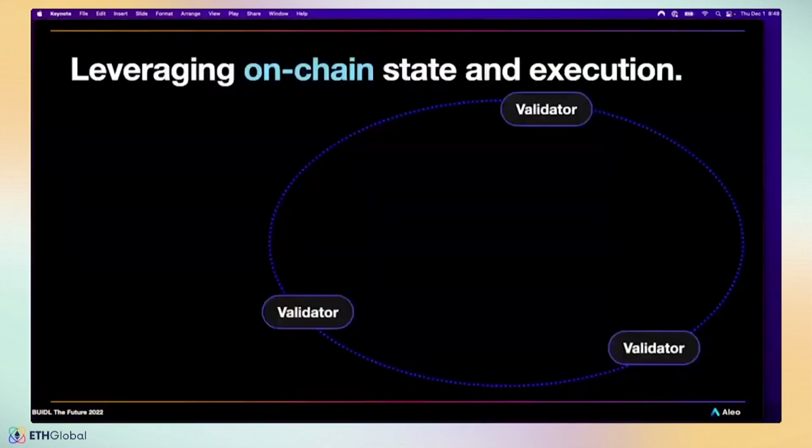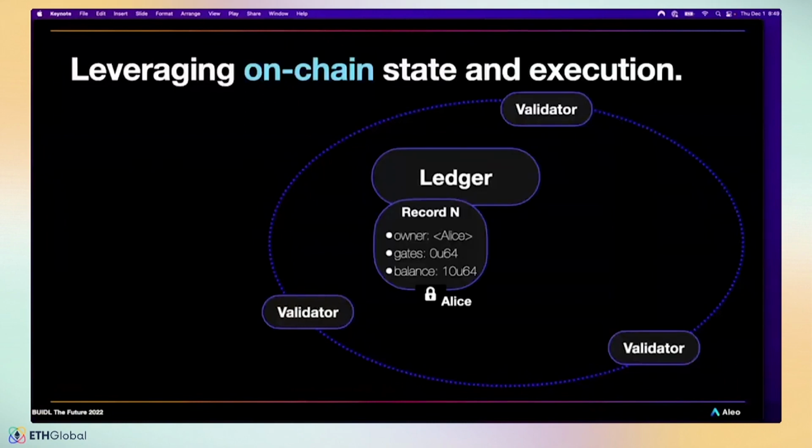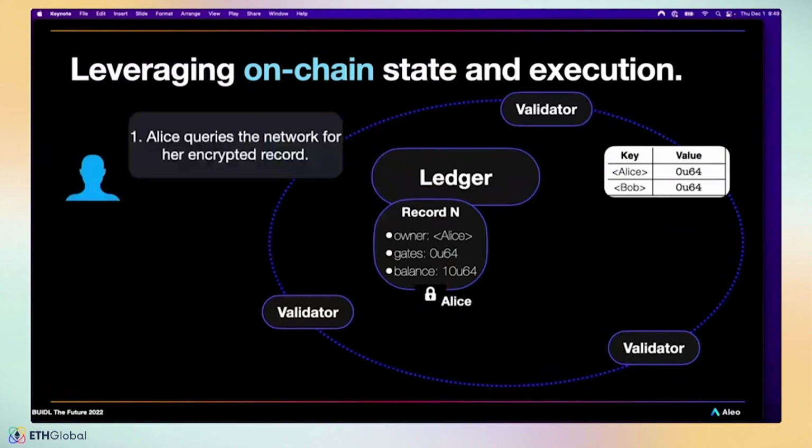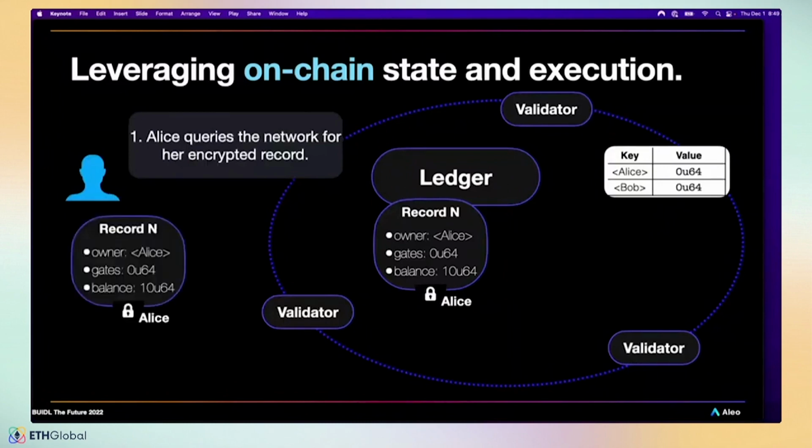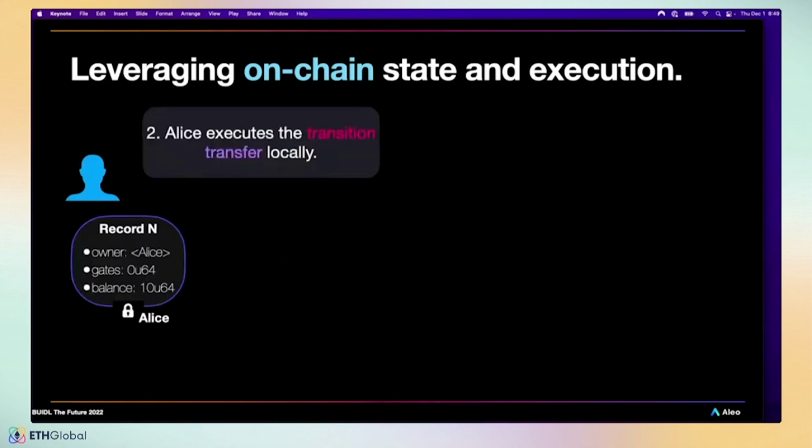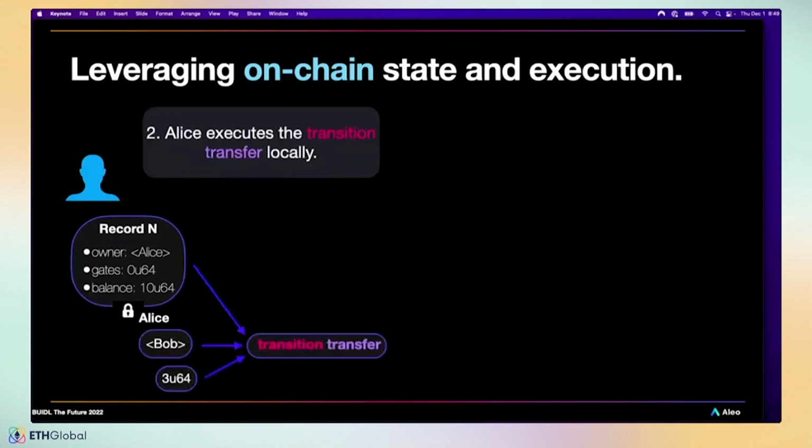So how does this work on chain? Here we have a network. There are some validators. The network contains a ledger with Alice's record, and it also contains a mapping balances with keys and values, keys being addresses and values being the amounts allocated to each address. First, Alice will query the network for an encrypted record. Note that only Alice can see the data of this record. Then she will execute the transition transfer locally.